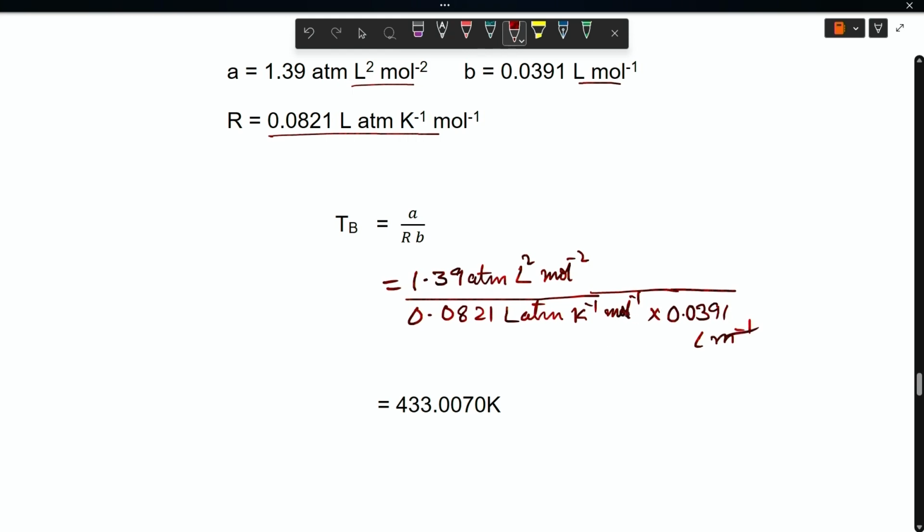So, mole raised to minus 1, mole raised to minus 1, mole get cancelled. Here Kelvin will be there, liters, and this liter square get cancelled.